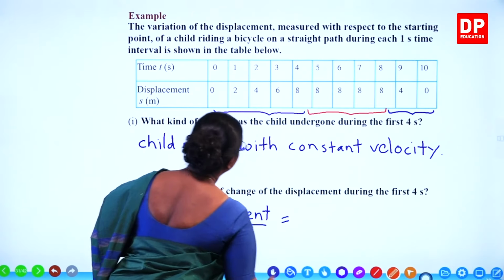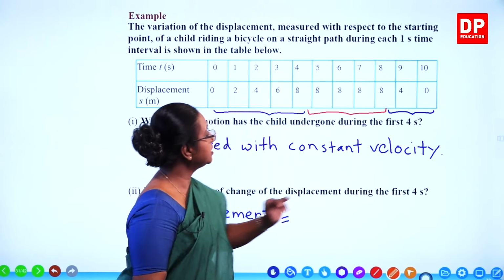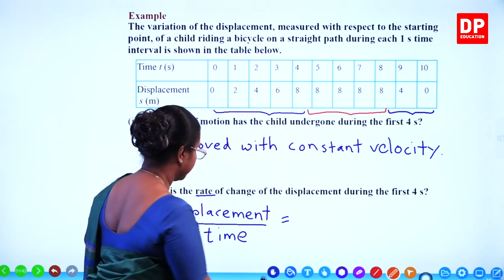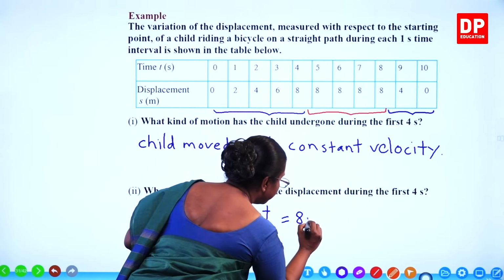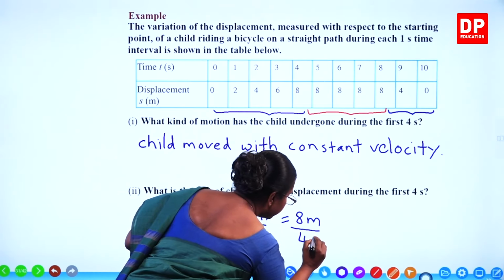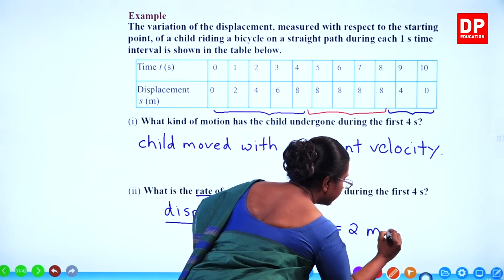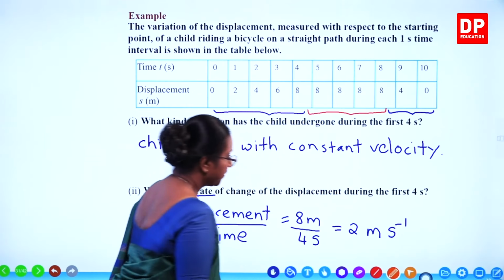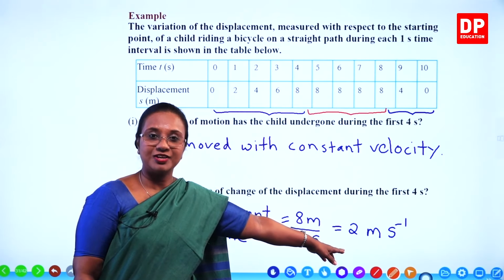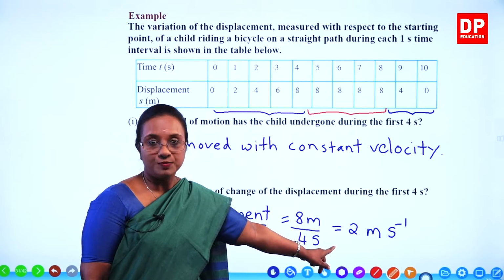So, here if we take the total displacement within the first 4 seconds, it is 8 meters. So, 8 meters divided by 4 seconds. That will be 2 meters per second. So, from the unit, you will know that we have calculated the velocity of the object.